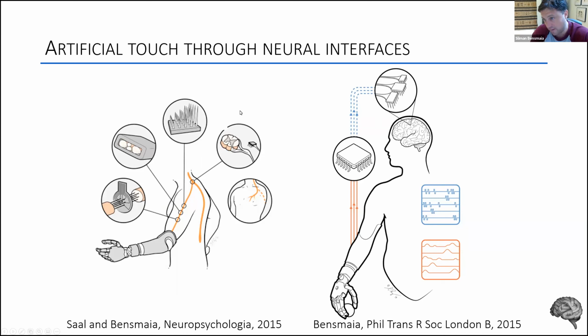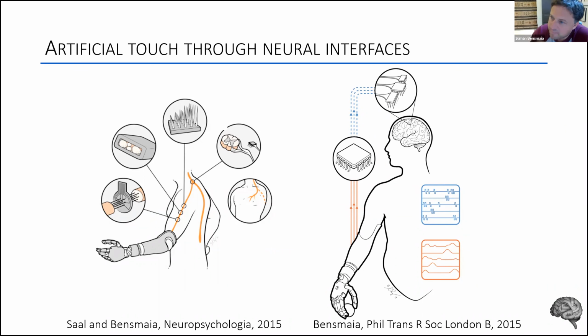You can interface with the dorsal column nuclei, the dorsal root ganglia, etc. And what many have shown now, and I'll show you some data later, is that if you electrically stimulate the peripheral nerve or these other structures, you can evoke very vivid sensations that are experienced on the hand. So that's one thing, and I'll be talking about that a little bit later.